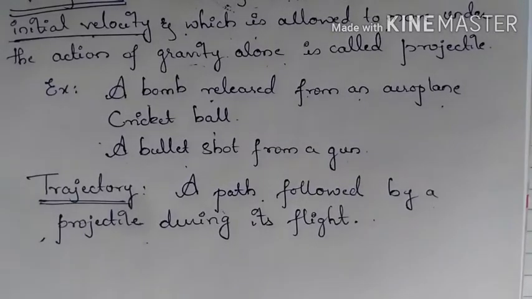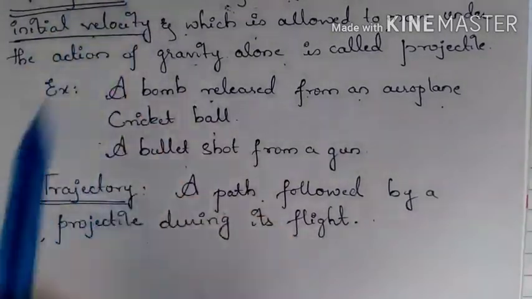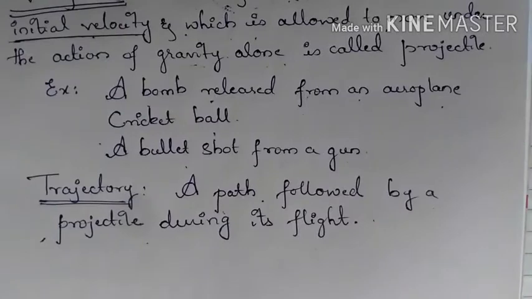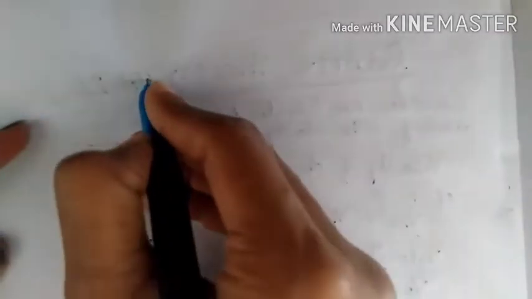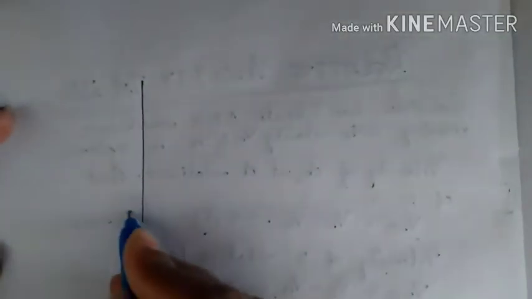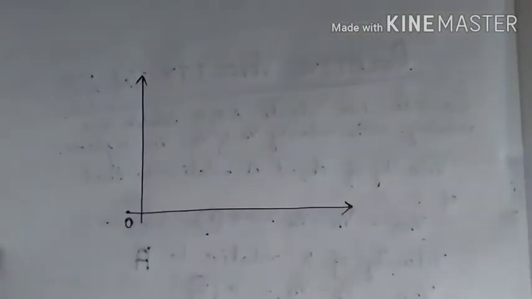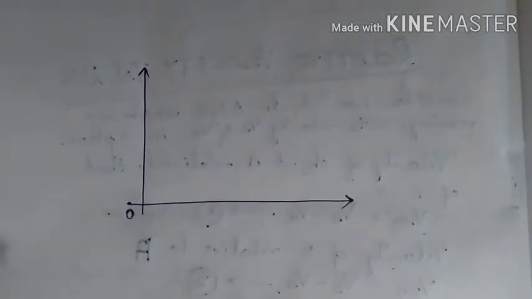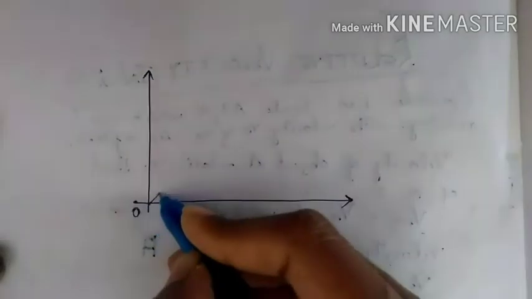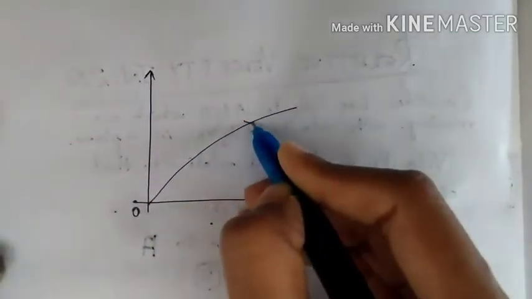So let us try to understand these two concepts by drawing a diagram. Now, in a plane, let's suppose you shoot a bullet. The path of the bullet is something like this.